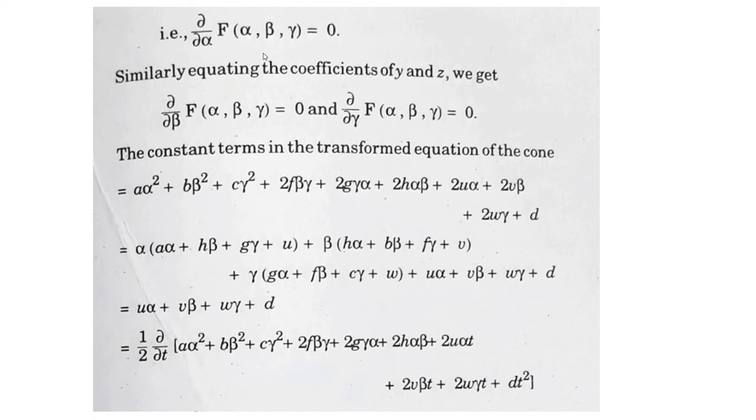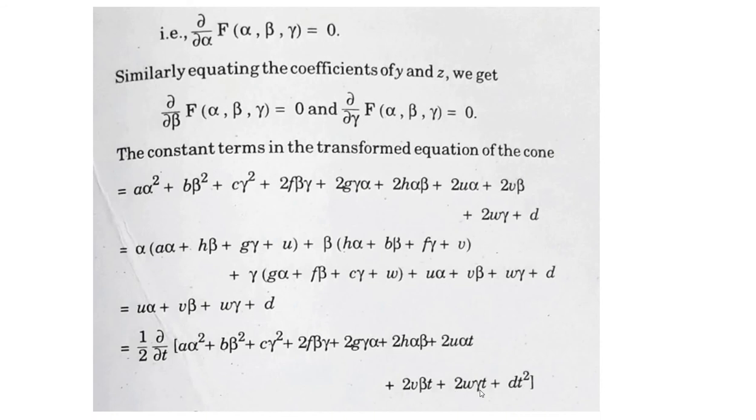According to the previous result, I mean the previous discussion, this becomes 0, this becomes 0, this becomes 0. You will be left only with this. But how we interpret it is that this is nothing but half times the derivative of this with respect to t.